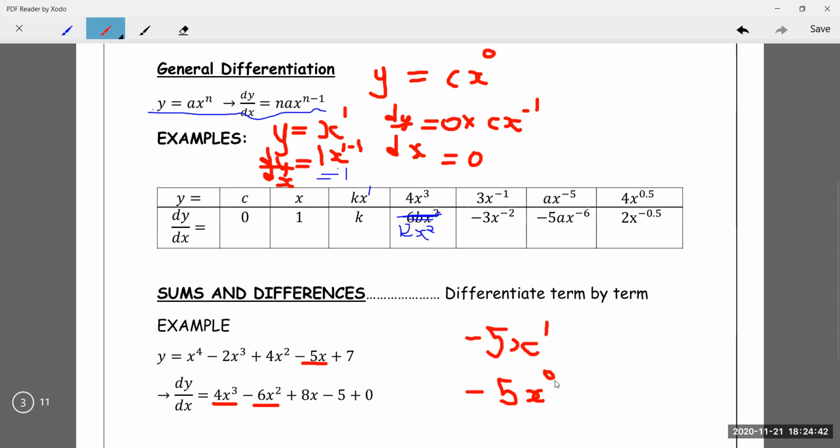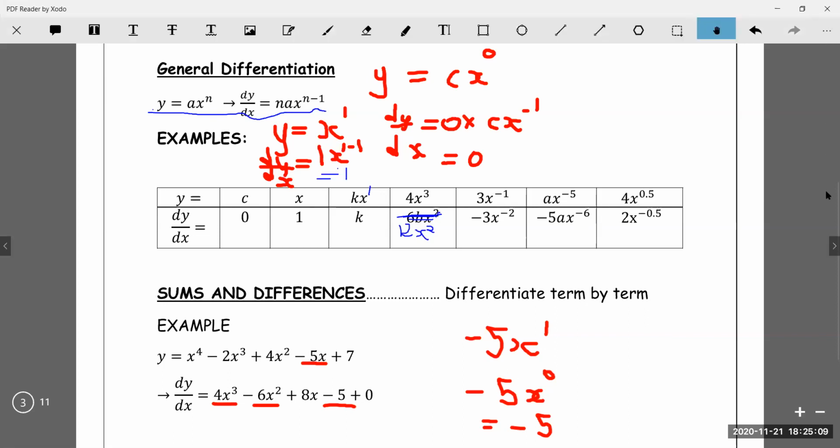Oh, sorry, it'd be 1. Anything to the 0 power is 1. And so we just get negative 5. All right? So that's how we get that the derivative of negative 5x is negative 5. Cool? Yes, sir. That's how we differentiate sums and differences.